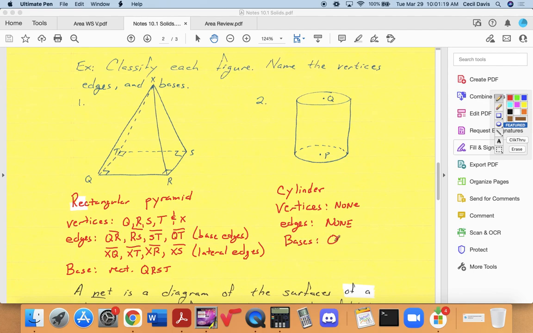The bases here will be circle P and circle Q. Okay, any questions about that?